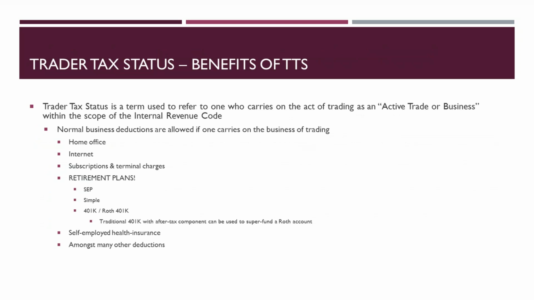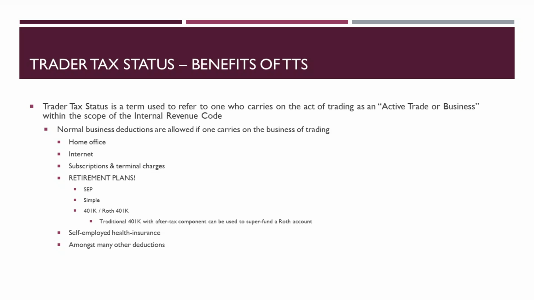Jumping into trader tax status at this point. Trader tax status is a term not necessarily defined by the IRS, but it has evolved through tax court and IRS guidance. It's defined as someone who's carrying on the active trade or business of trading.